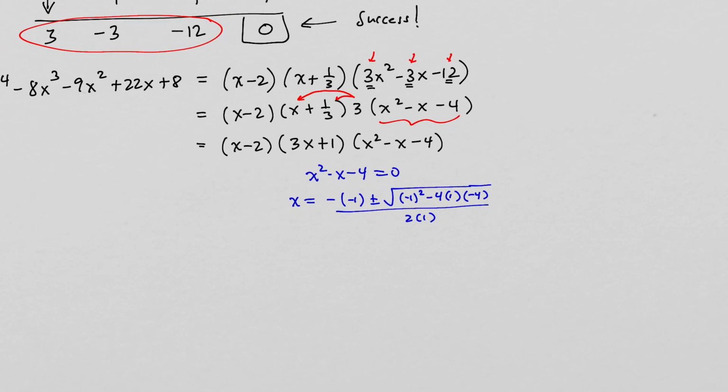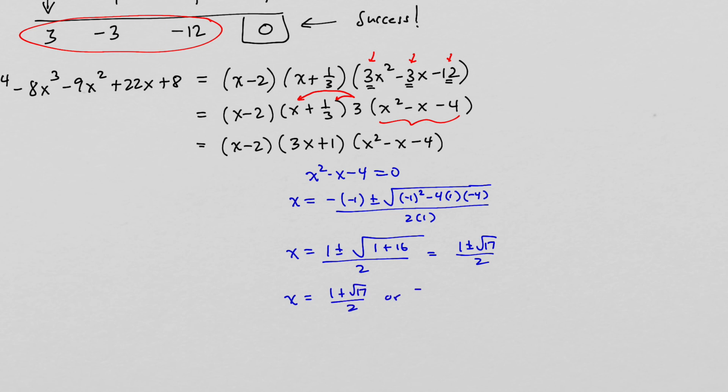And if you simplify that, you're going to get x equals 1 plus or minus the square root of 1 plus 16, all divided by 2. This is 1 plus or minus the square root of 17 divided by 2. And so we have 2 zeros there. One of them is 1 plus radical 17 divided by 2. The other one is 1 minus radical 17 divided by 2. So those are the 2 zeros that we get from this factor.